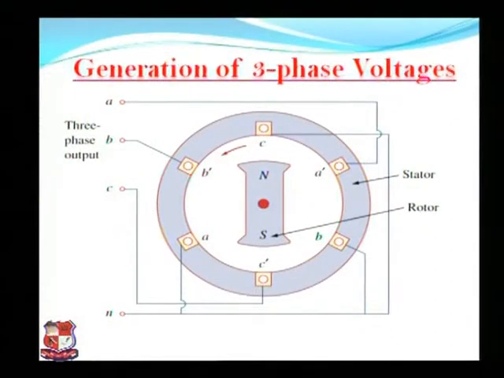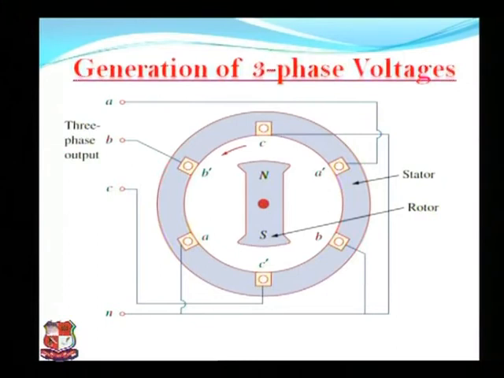Now talking about the generation of three-phase voltage, how the three-phase voltages are generated or can be obtained from the circuit. There is a coil, it has 2 poles, the north and the south. So the machine has 2 types of winding, the stator winding and the rotor winding.